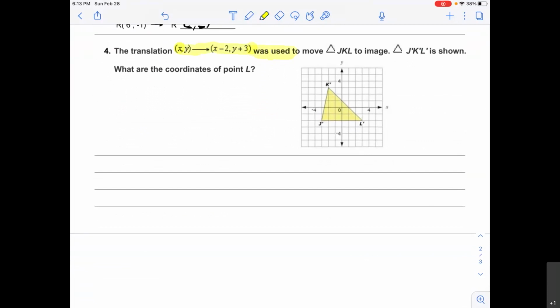And it was used to move triangle JKL to the image triangle J prime, K prime, L prime. So if we look, we see these are all prime points. They all have the little dash. This is after we did x minus 2 and y plus 3.